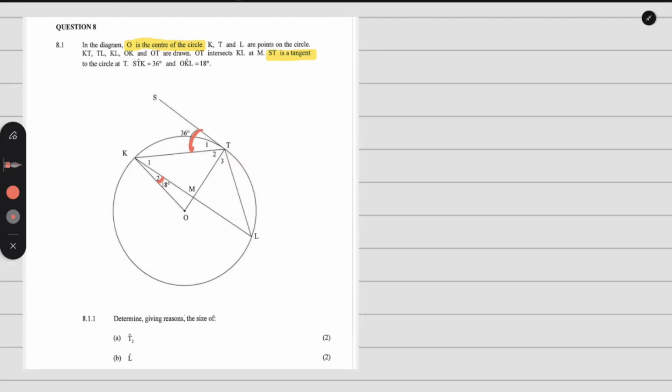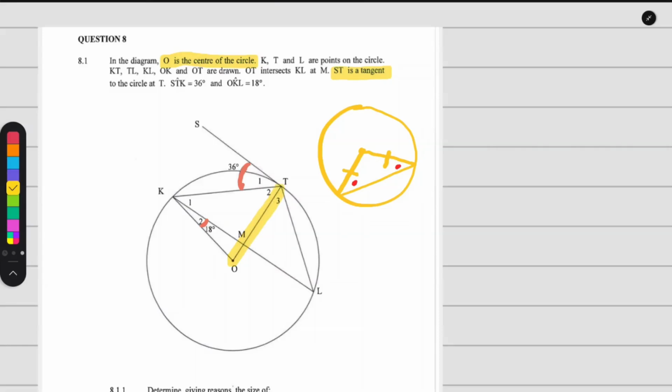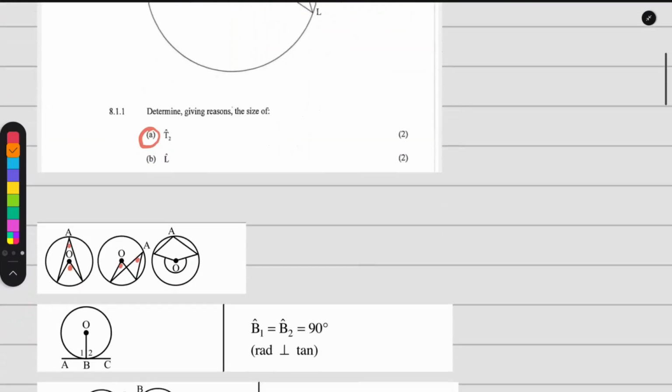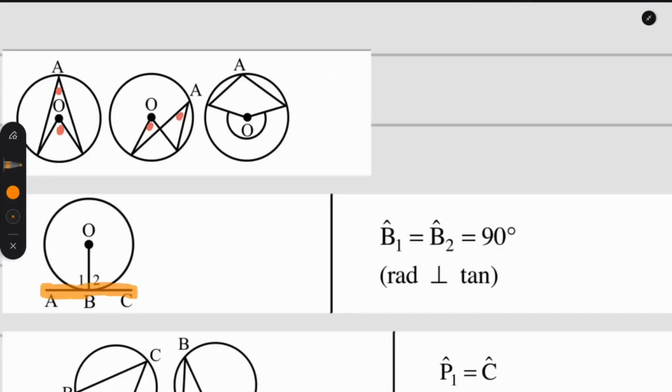So the question says, 8.1.1 for number A, calculate the size of angle T2. Because we have this radius and this tangent, we must remember the theorem that says if I have a tangent and a radius that meet, then this whole angle between the tangent and the radius is 90.